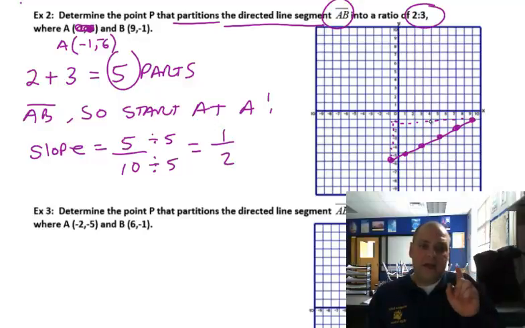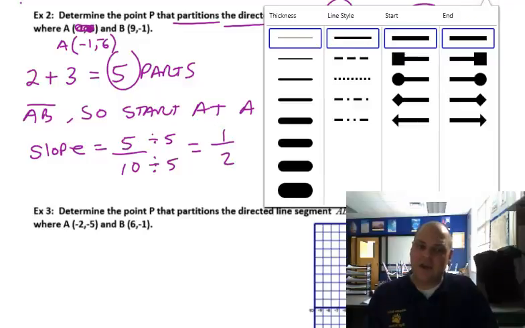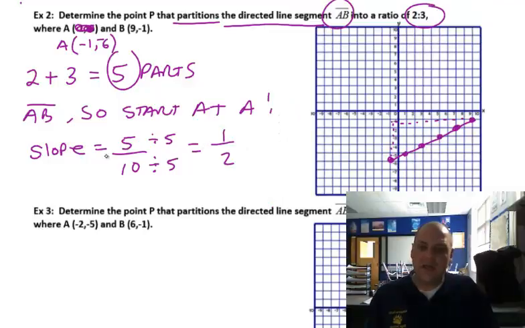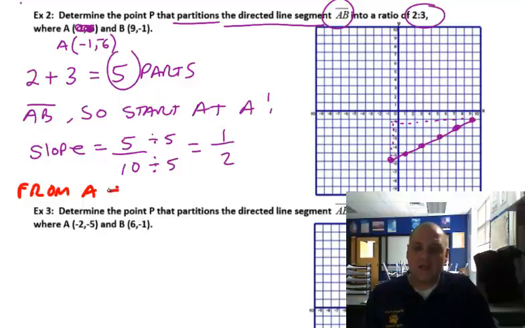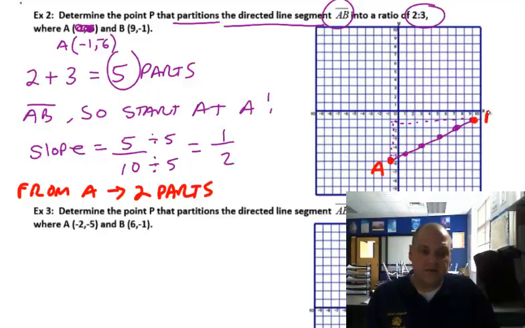Now, I need a ratio of 2 to 3. I know this seems easy, but you've got to be careful. I need a ratio of 2 to 3, starting at A. That means from A, it's 2 parts. So here's A. I should have labeled it. This is B. From A, I need 2 parts.